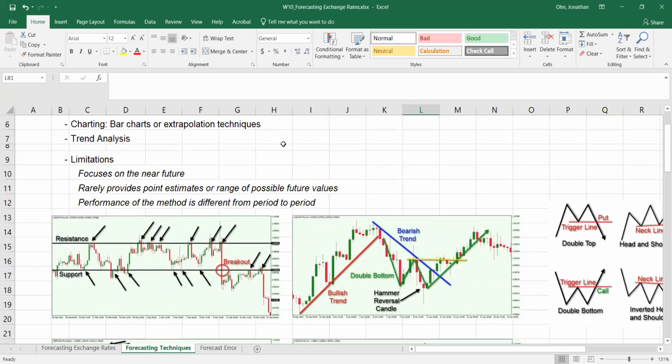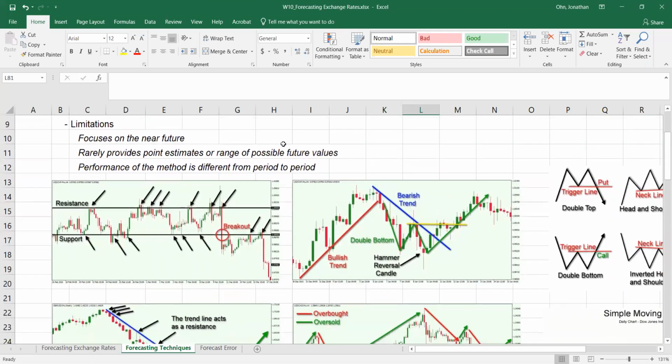Now, technical analysis forecasting focuses on the very near future. It shows a pattern or trend, and based on this pattern or trend analysis, you make your sell or buy decision.